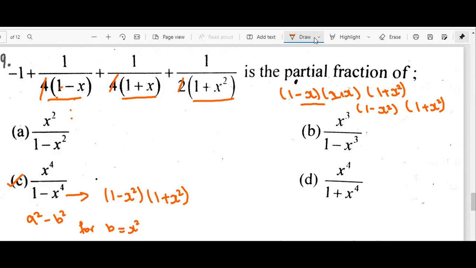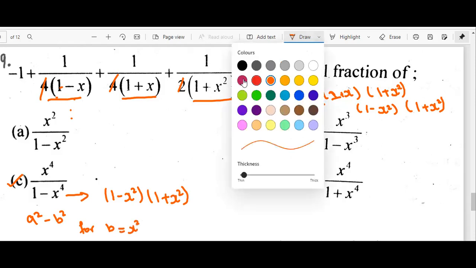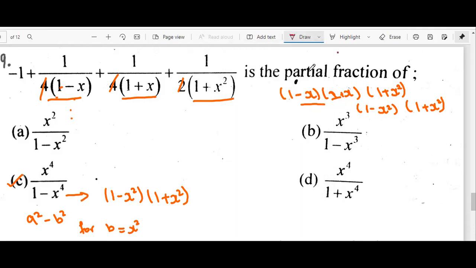So again, whenever you come across such a question where either you have your partial fractions and you need to find the main fraction, or you have the main fraction and you need to find the partial fractions, only focus on the denominator, particularly on the factors of denominator, right? Like here, I simply crossed out these 4s and 2s because they are just going to confuse me.